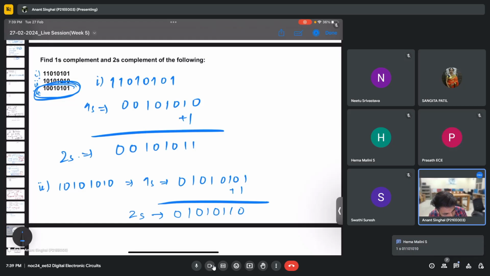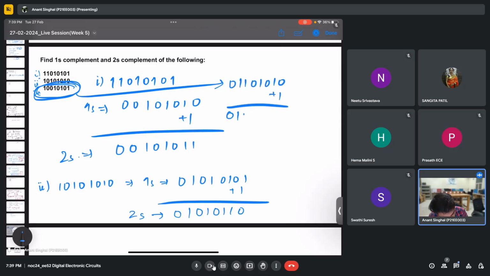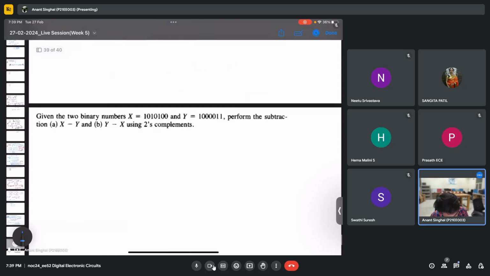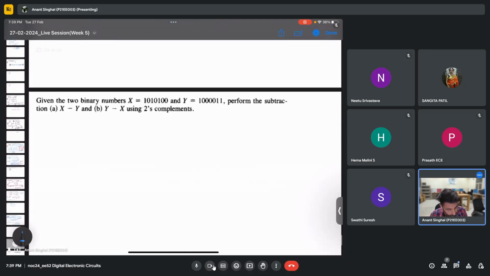Okay. So for the one's complement I've got 0 1 1 0 1 0 1 0, and the second is 0 1 0 1 1, which is the two's complement. I hope it is clear now. Similarly, you have a question. As I told you the technique, x minus y will be x plus 2's complement of y, and y minus x will be y plus 2's complement of x. This is a similar question.